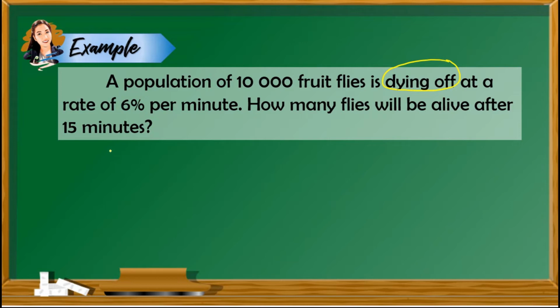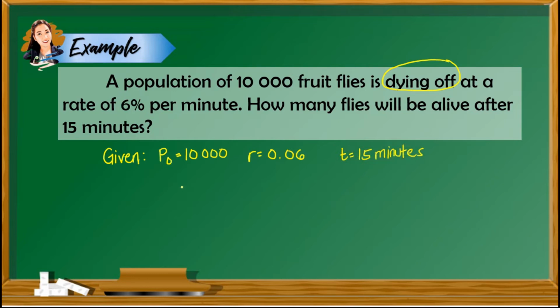So first, let us have the given values. We have the initial number of fruit flies, which is P sub 0 is equal to 10,000 fruit flies. We also have the rate of decrease, which is 6% per minute or 0.06. And we also have the time, which is 15 minutes.